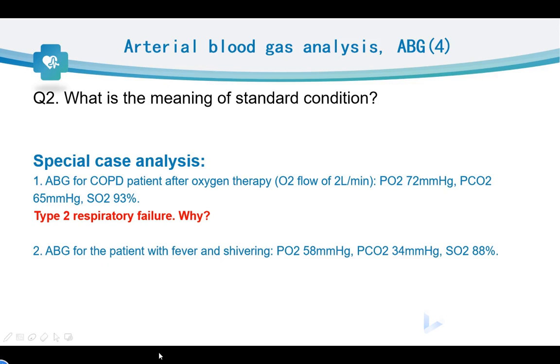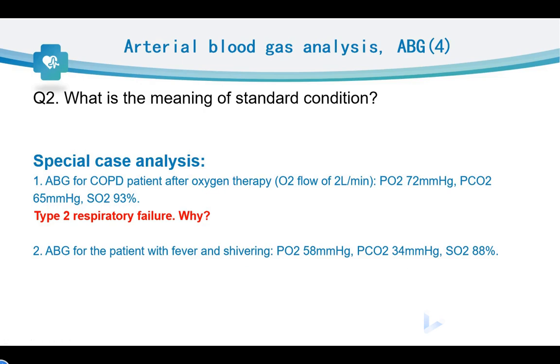Let's look at another special case. It's for a patient with fever and sweating. In this condition, we arranged ABG for this patient to get a result of partial pressure of the oxygen is 58 mm of mercury and a slight decrease of partial pressure of the carbon dioxide.